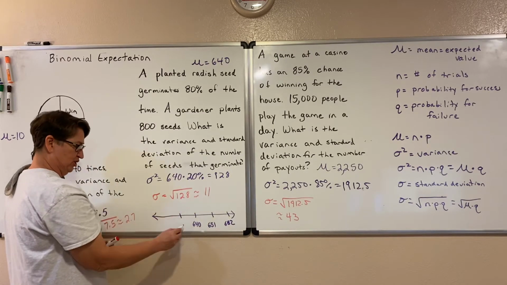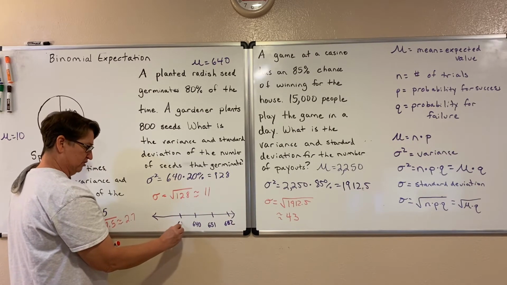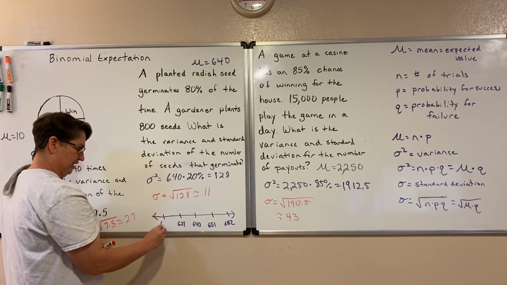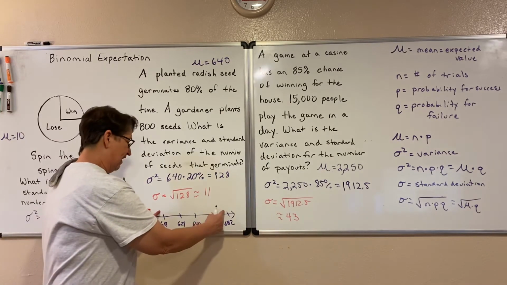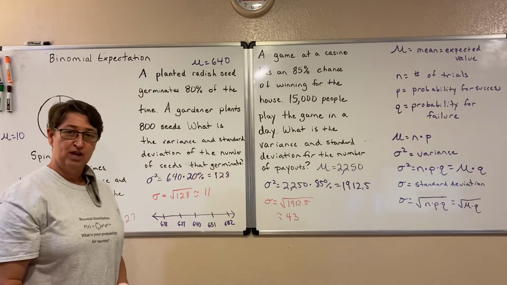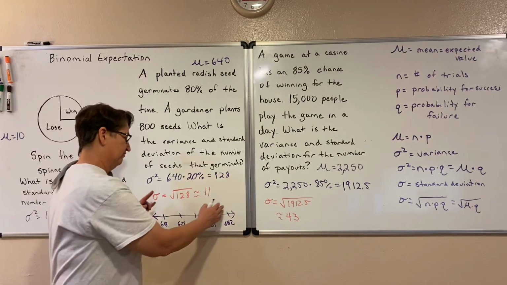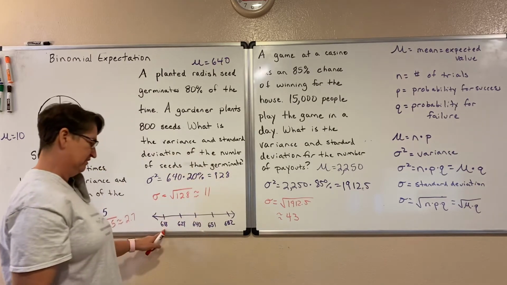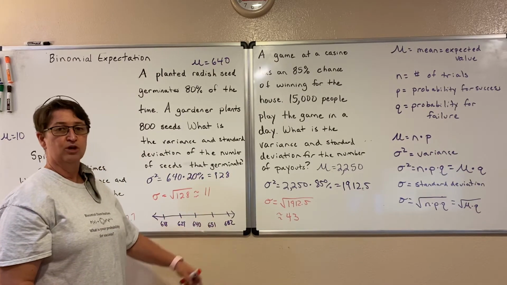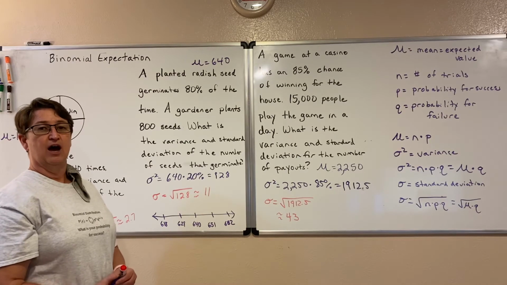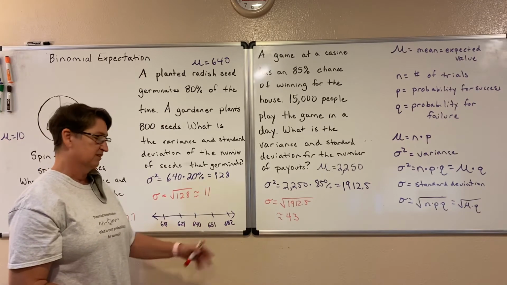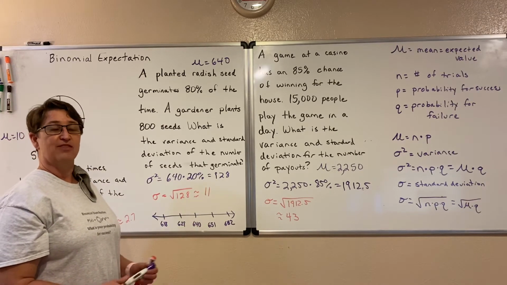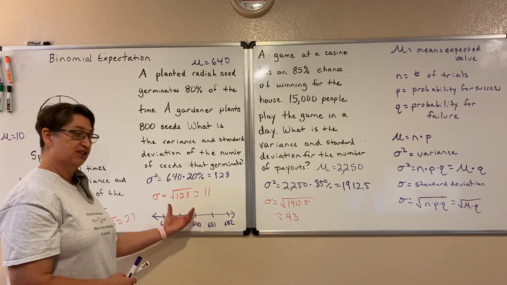Subtract a standard deviation from 640 and you're at 629, subtract another, and we're at 618. We know that 75% of the time, according to Chebyshev's theorem, our data should fall between this 618 and 662. So if every year I'm getting somewhere between 618 and 662, that's kind of what I expect, that many seeds to germinate.